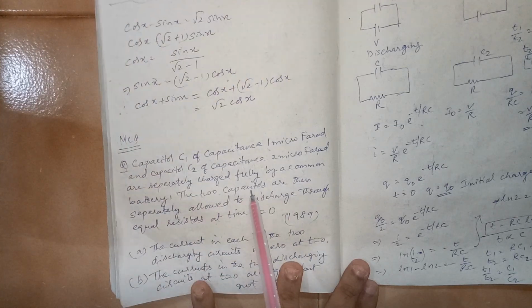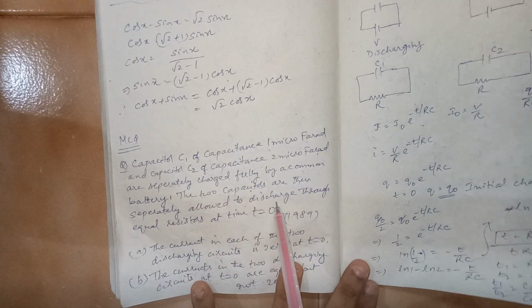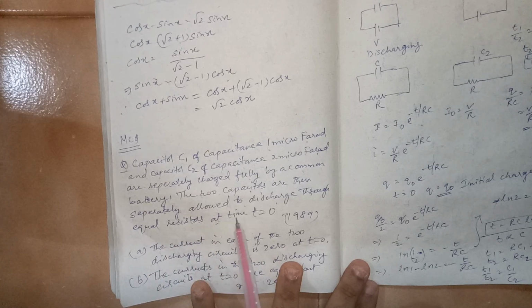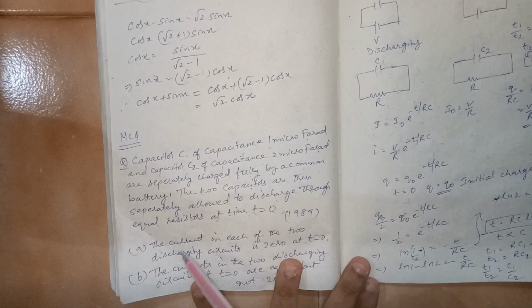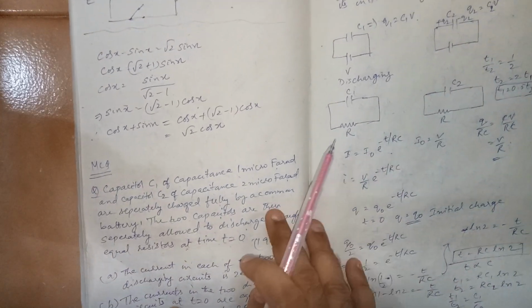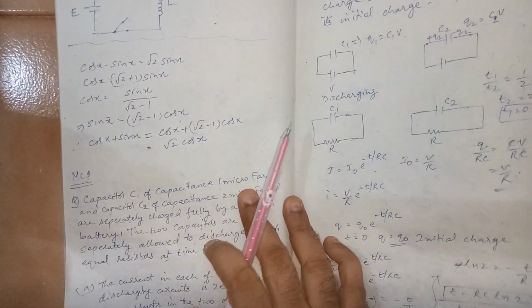The two capacitors are then separately allowed to discharge through equal resistors. At time t is equal to 0, we have to select which options are correct. There can be one option correct or more than one also.